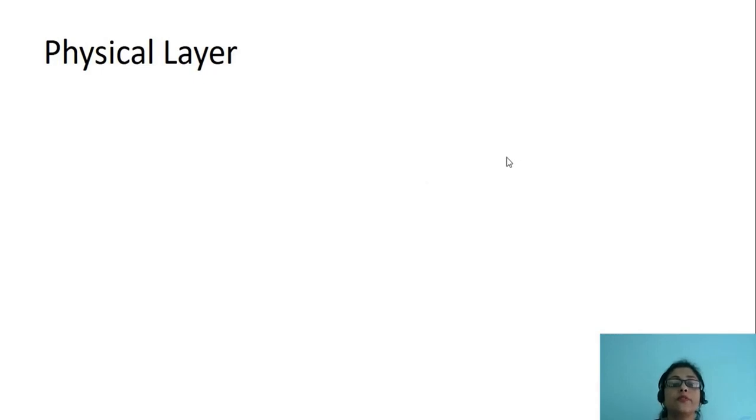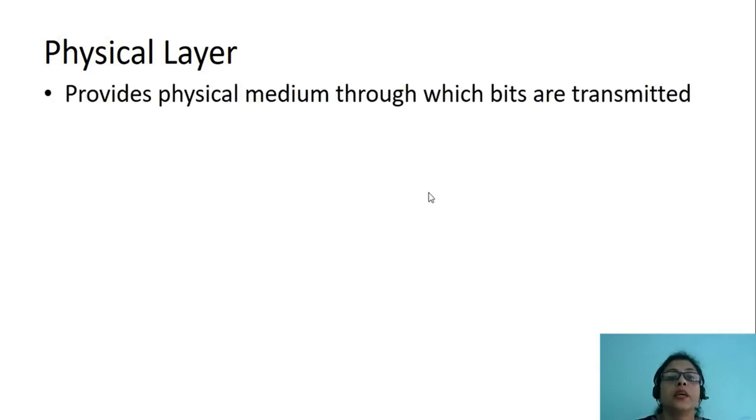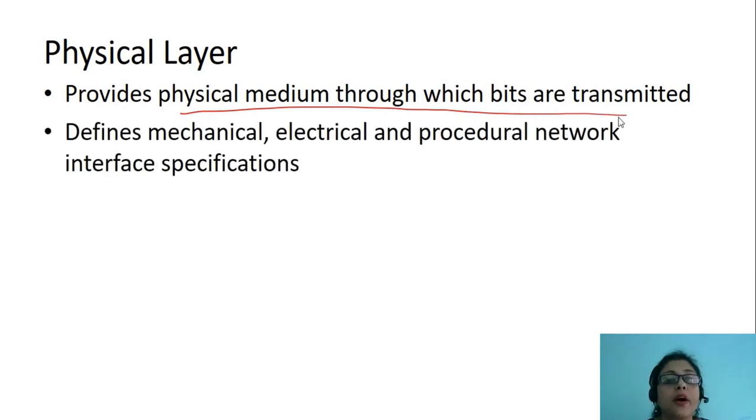Next we go to the physical layer. Physical layer is the lowest layer of the OSI model. We can also call it layer 1 of the OSI model, and it is closer to the physical medium or transmission medium through which data moves. Basically, it provides a physical medium through which the bits are transmitted. So it defines the mechanical, electrical, and procedural network interface specifications.